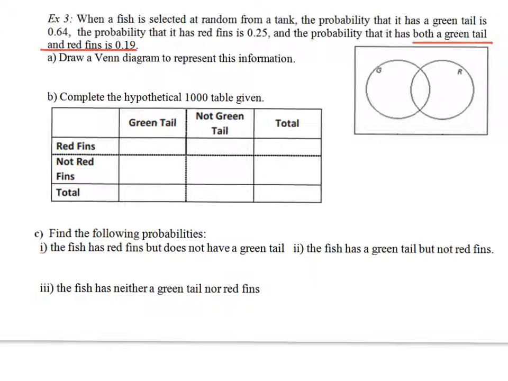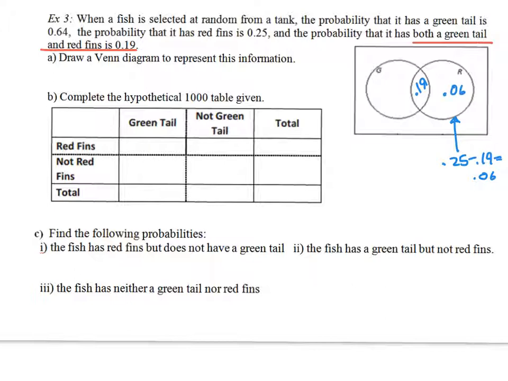Whenever I have that both number, that makes it really easy to start right there because that, of course, is my intersection. So I'm going to put the 0.19 in there. Now the red fins would be the red circle here, so that total has to be 0.25. But I'm going to subtract 0.19 and get 0.06 for the rest of the circle for the red fins.